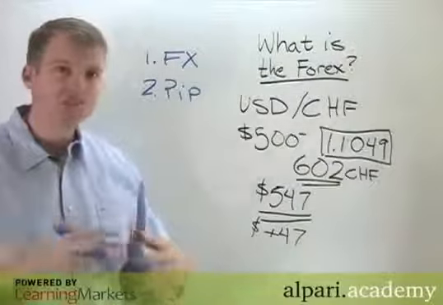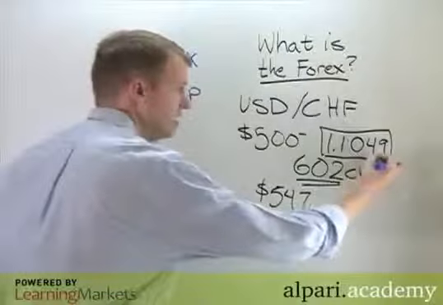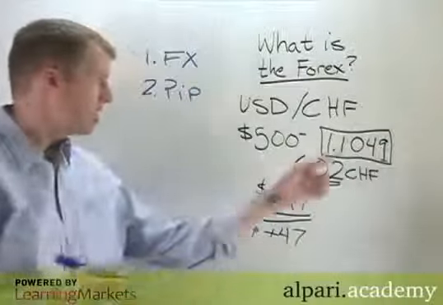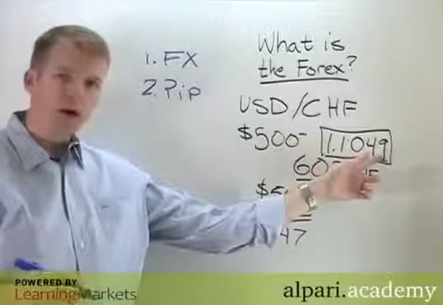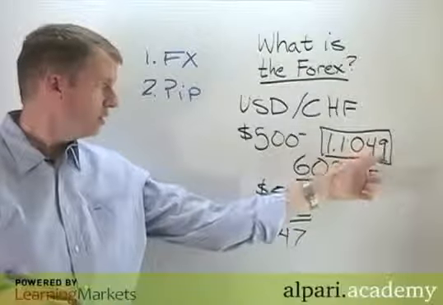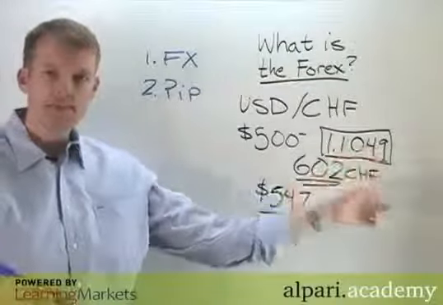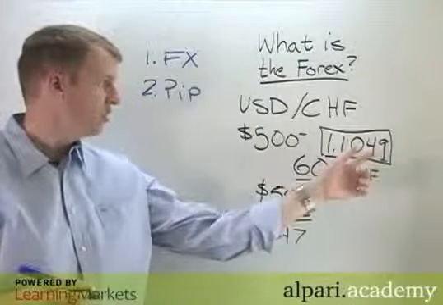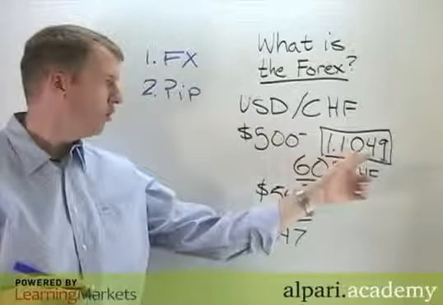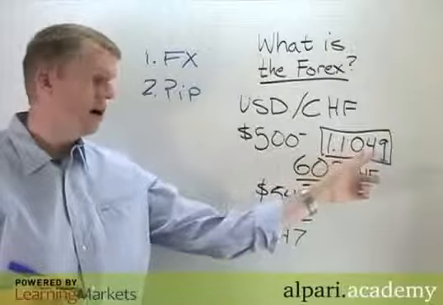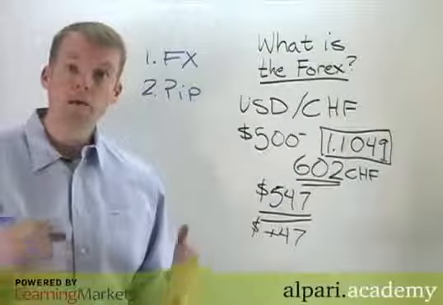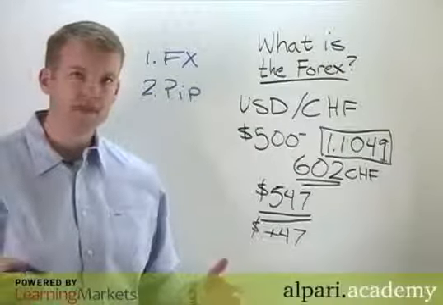What are fractional pips, etc. This is a pip. When an exchange rate changes just by one point over here in the fourth decimal place, that's a pip. That's how much that changed. So if this went from 1.1049 to 1.1050, it has improved by 1 pip. So that's one of the things we have to keep in mind.